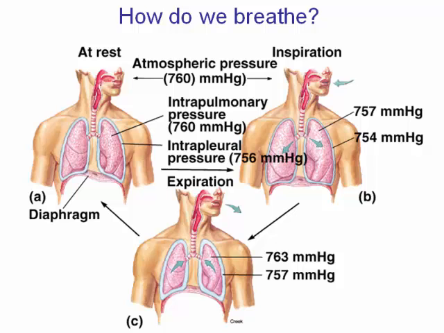So we're going to look at the external intercostals pulling. The volume goes up, the rib cage goes up, and remember, the lungs are going to go with it. The reason the lungs go with it is because of the intrapleural pressure, the transmural pressure gradient, right? As the rib cage lifts, the lung goes along with it. The intrapleural pressure changes a little bit, to 754.